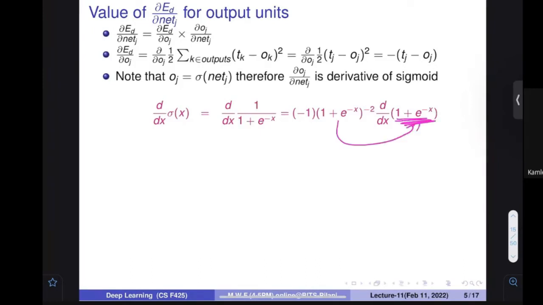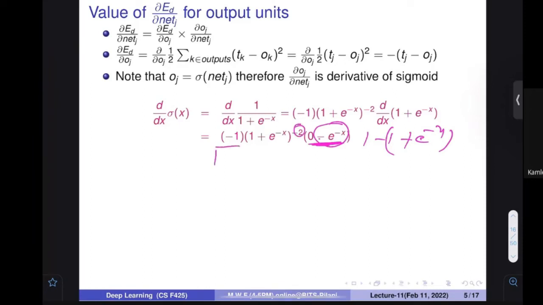The derivative of 1 becomes 0, and the derivative of e to the power minus x becomes minus e to the power minus x. Am I right? Yes or no? Yes, sir. If it is like this, then for e to the power minus x, you add 1 to it and subtract 1 from that. So it becomes minus e to the power minus x. So you can say that this is (1 plus e to the power minus x) to the power minus 2, and then 1 comes here, 1 plus e to the power minus x.